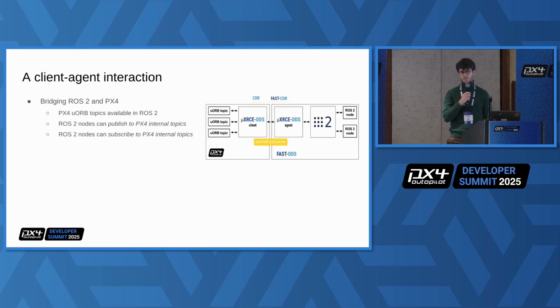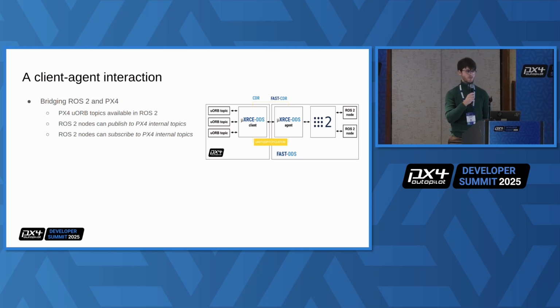As I said, when ROS2 is using the Fast DDS middleware, all PX4 uORB topics are available as ROS2 topics in the same format they were in PX4. So do not expect to have PX4 IMU data appearing as a ROS2 sensor_msgs IMU topic.